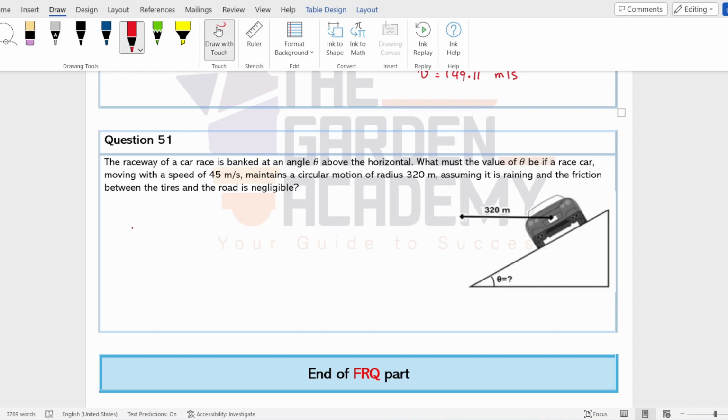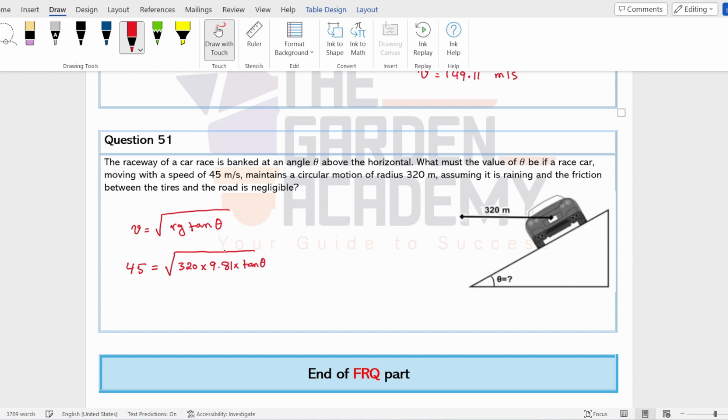Which equation? V is equal to the square root of r g tan theta. Now, the velocity at which the car is moving is 45, so 45 equals the square root of the radius 320 multiplied by 9.81 multiplied by tan theta.